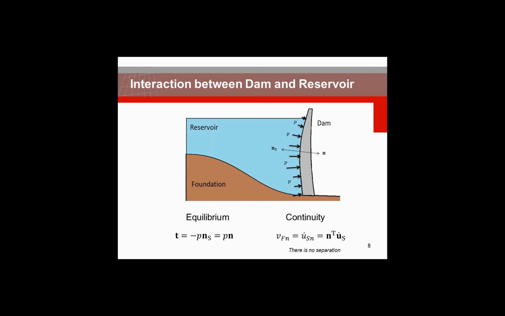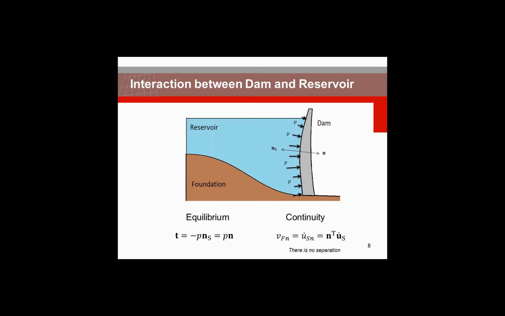As you can see in the figure, we have an interface between the dam and the reservoir. This interface in a 3D model is a surface, in a 2D model is just a line, but this interface has to be defined because the interaction of the two domains, fluid and solid, is governed by this definition.